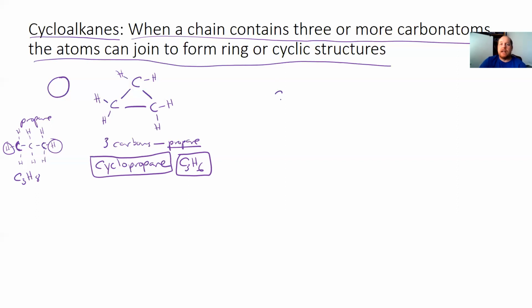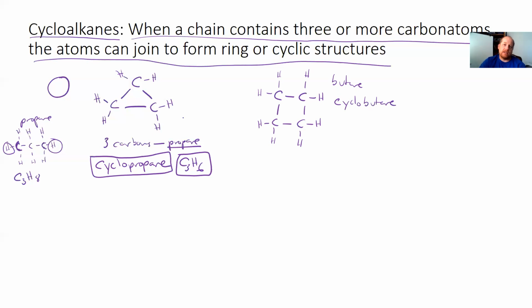So if you now get 4 carbons that are bonded together in a ring structure, this is based on butane, only it's a cyclic structure, so it'll be cyclobutane.